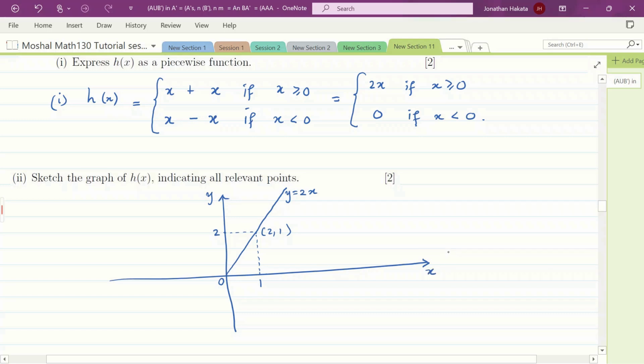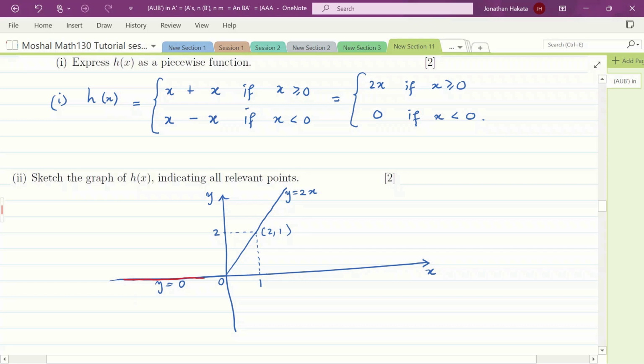When you're sketching, they check the labeling of axes and also the neatness of the graph. Then for any other region below x, it follows the line y equal to 0. Y equal to 0 is exactly the horizontal line. So this is y equal to 0. Let me write it in a different color.